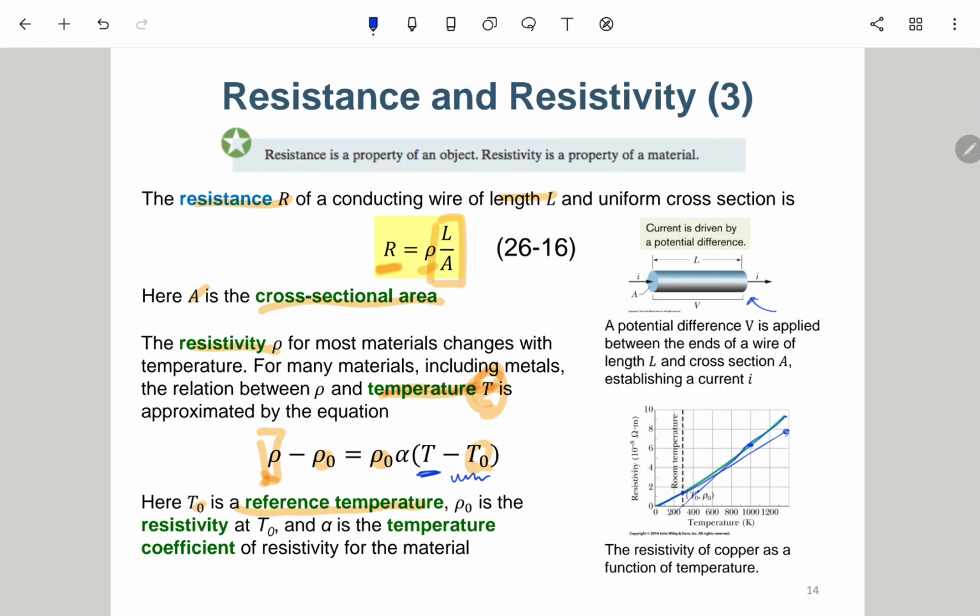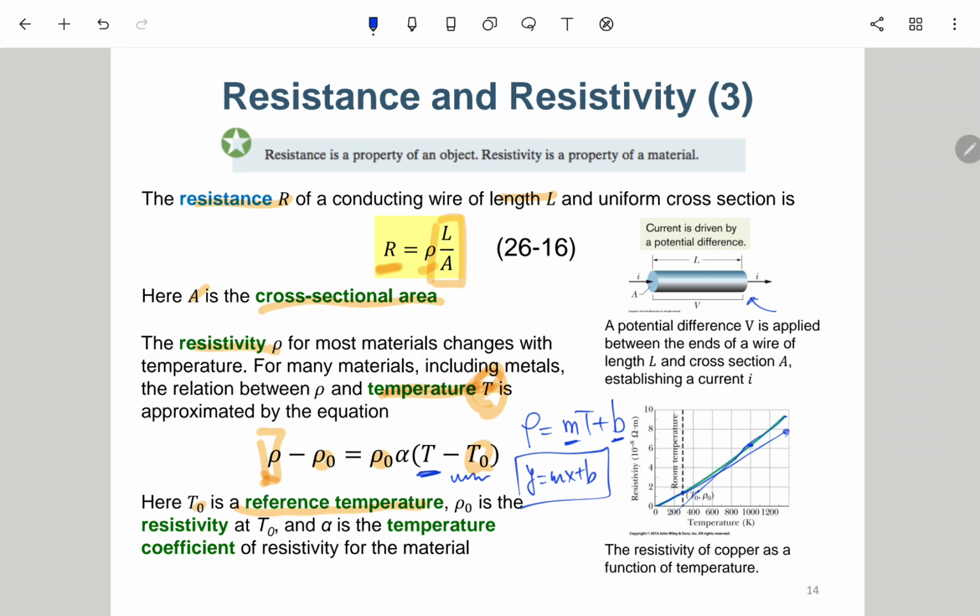But otherwise, you can just regard it as something like rho equals mT plus b, just like in high school analytic geometry, y equals mx plus b, as a linear function. So it is something like a slope and then a y-intercept.